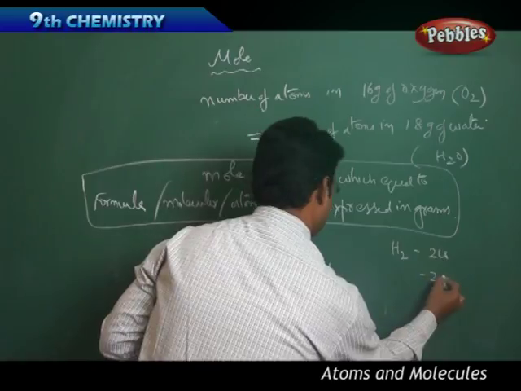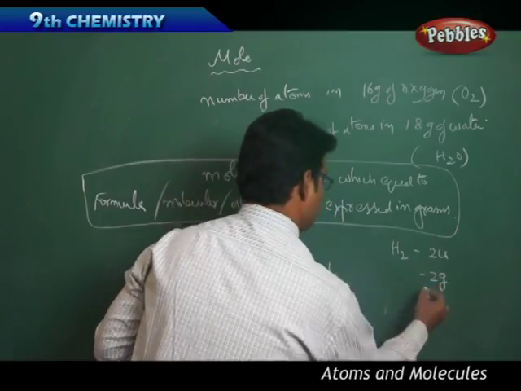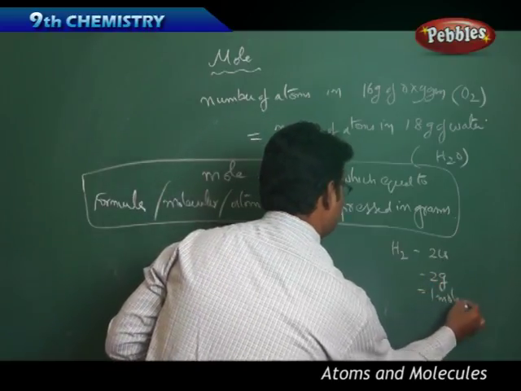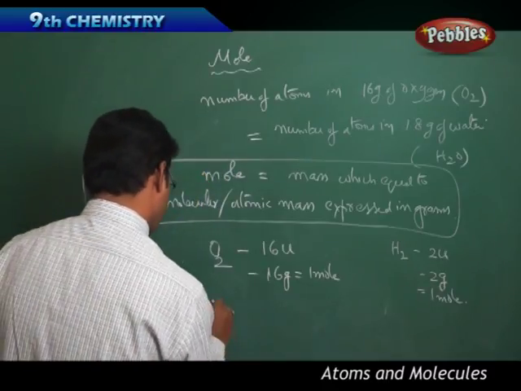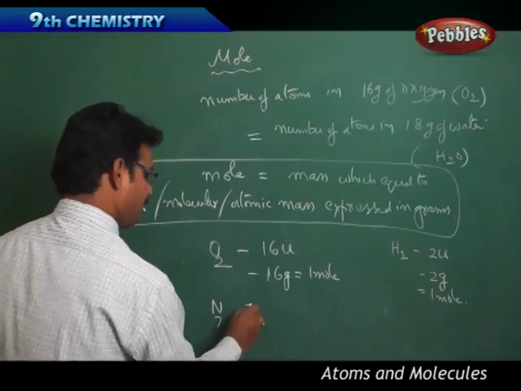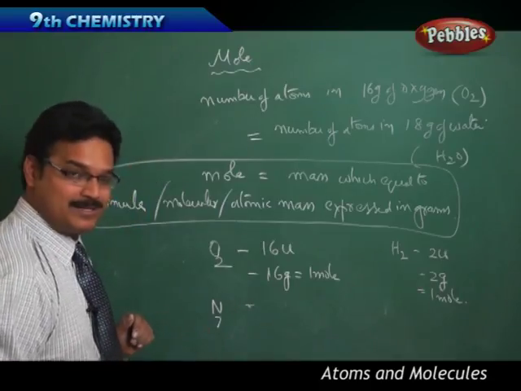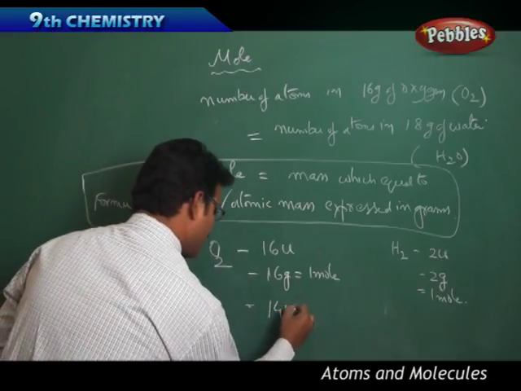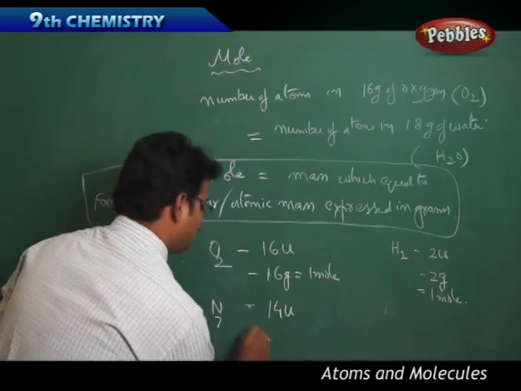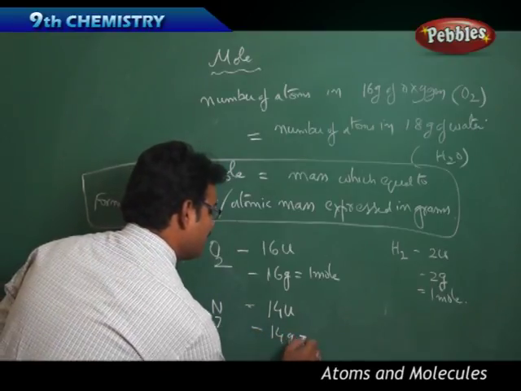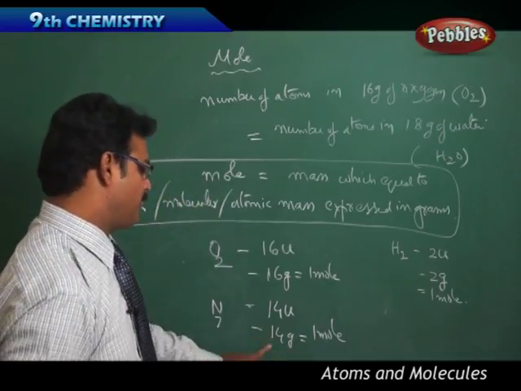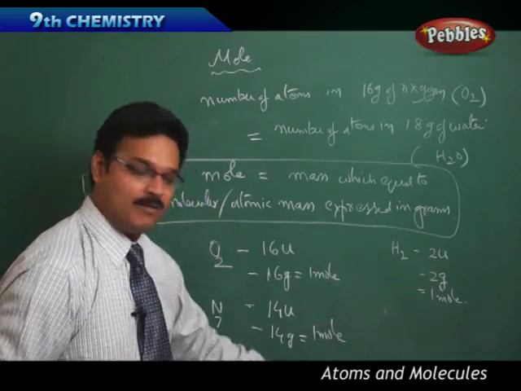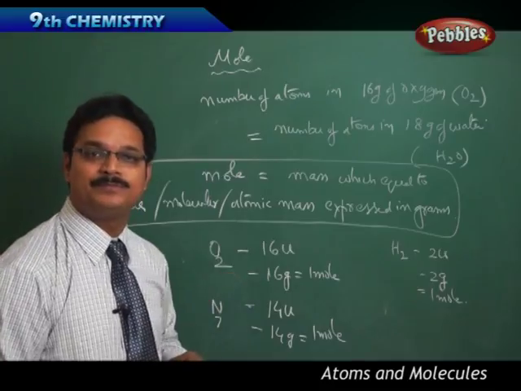If I write it as 2 grams, the 2 grams is 1 mole. If you take nitrogen, N 7, 14 is the mass number, so 14 u. If I express in grams, 14 g, it is nothing but 1 mole. So 1 mole is nothing but atomic mass expressed in grams.